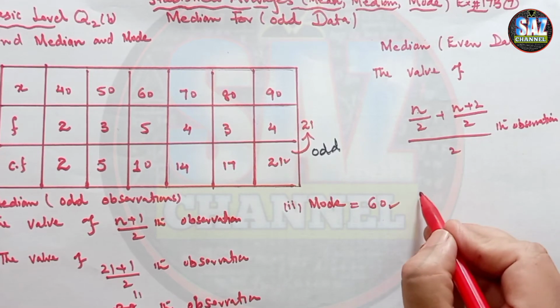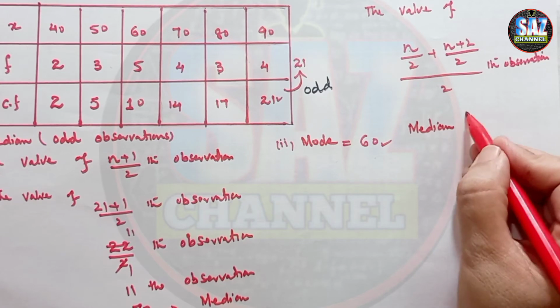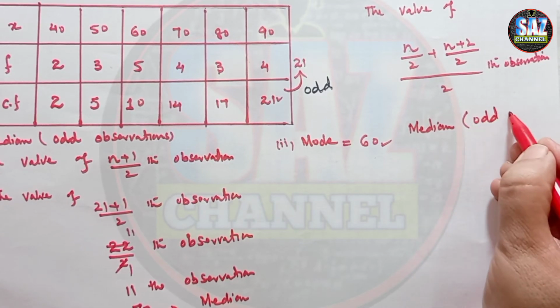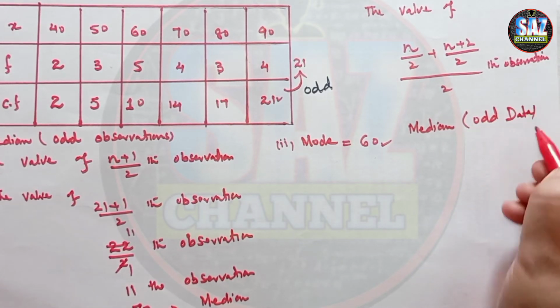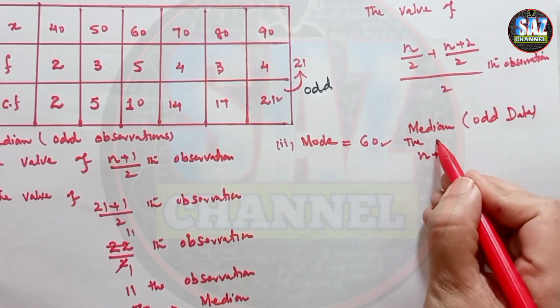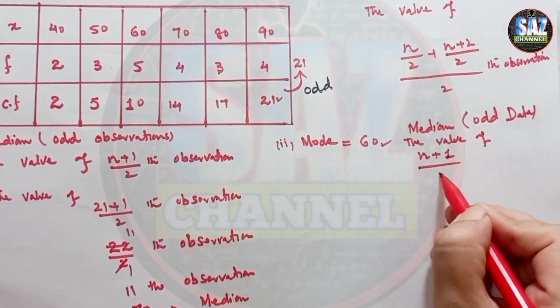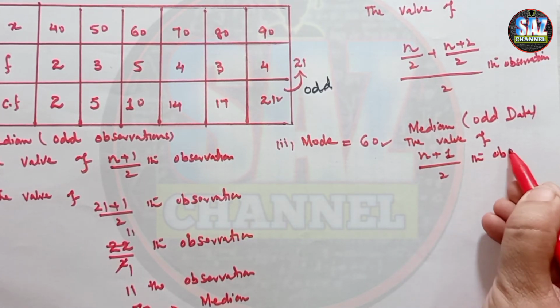Now for odd data, the median formula is the value of the (n plus 1) over 2th observation.